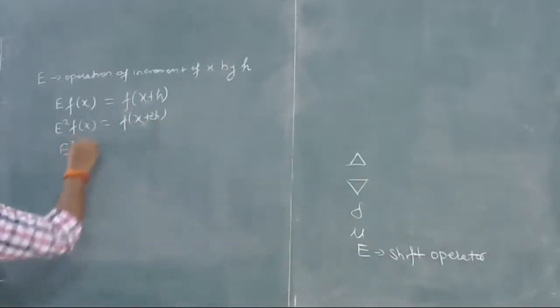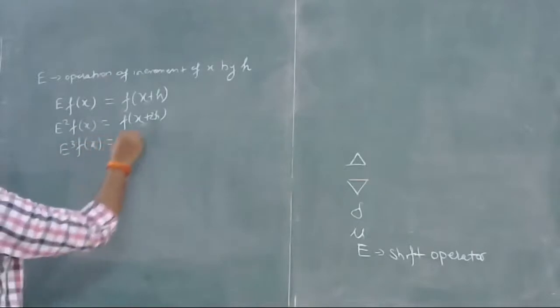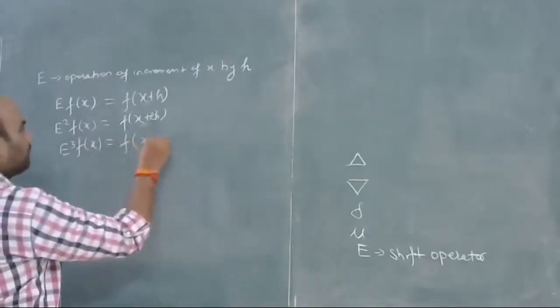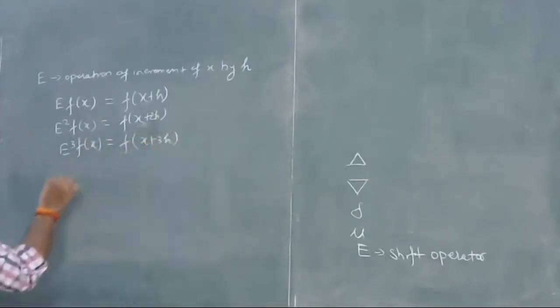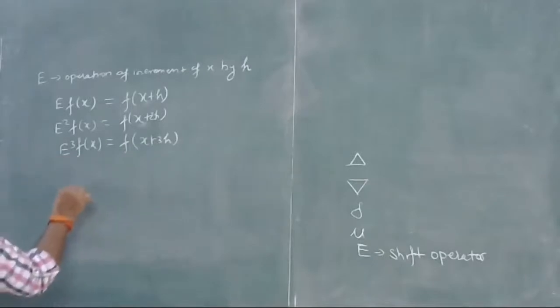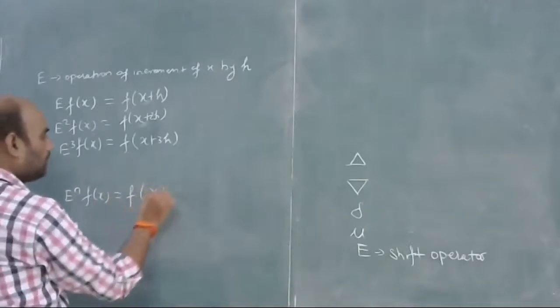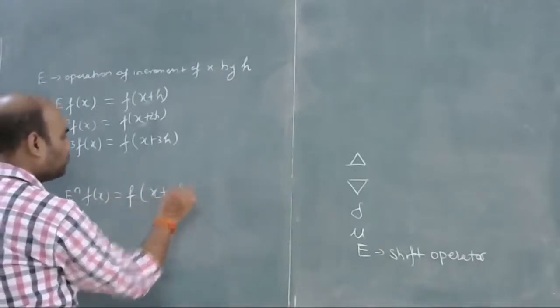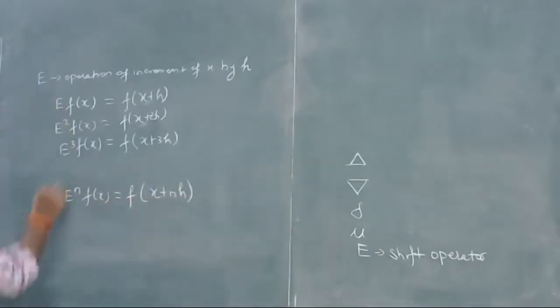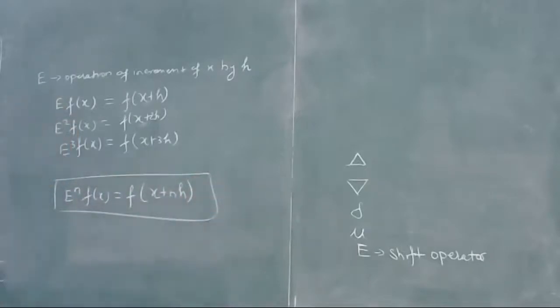E cube f of x is x plus 3h and so on. So E to the power n f of x will be equal to f of x plus n into h. So this is the shift operator. The shift operator increases the argument x by h.